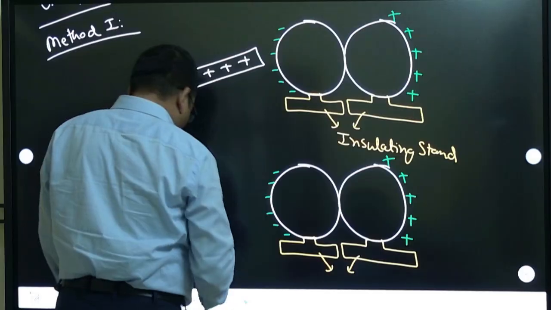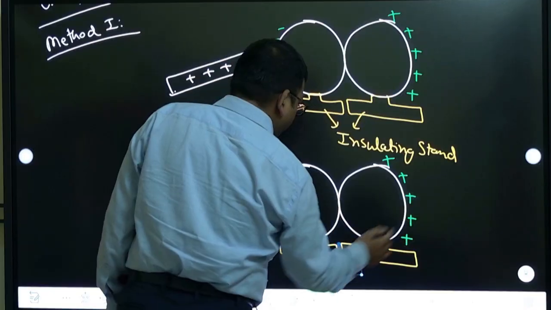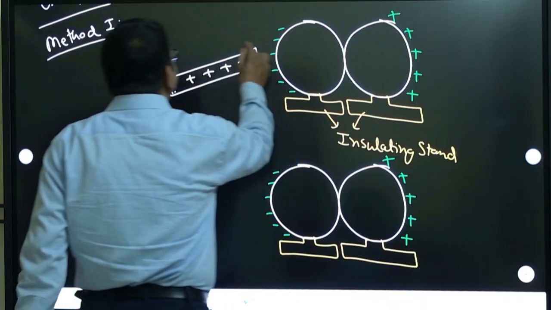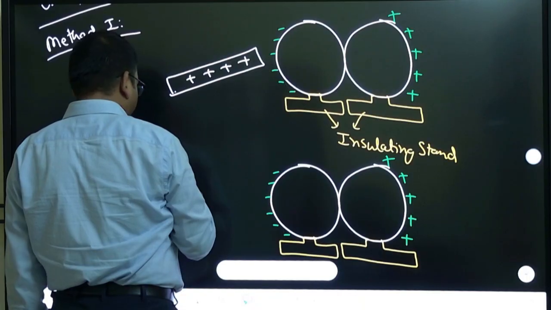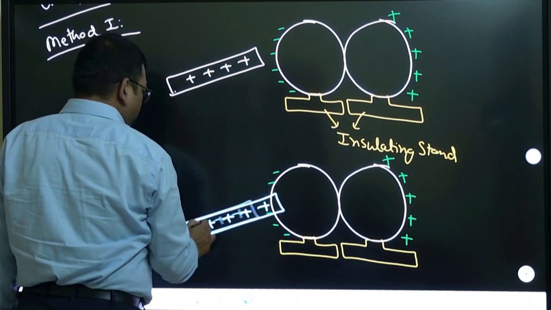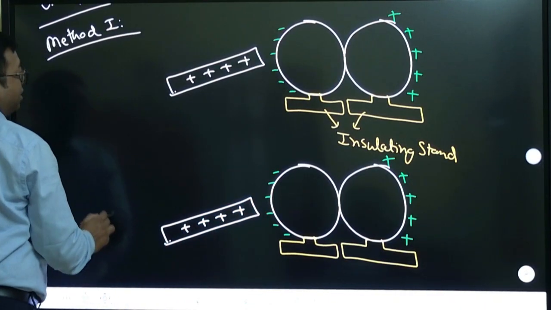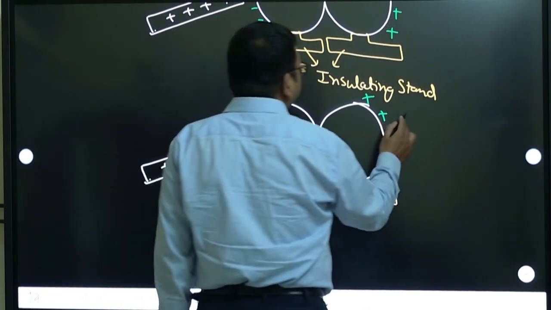Now this part I will remove. Now we are going to separate, and note that this we have to keep here only, nearby we are keeping it. Now we have to separate, means let us separate this.